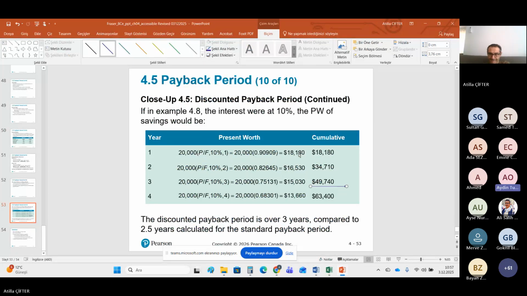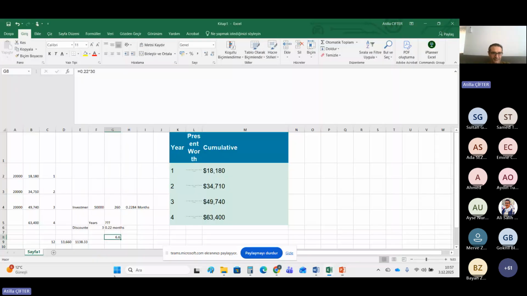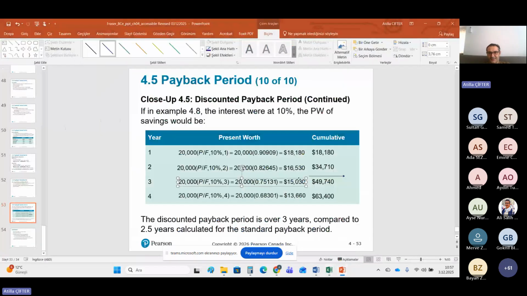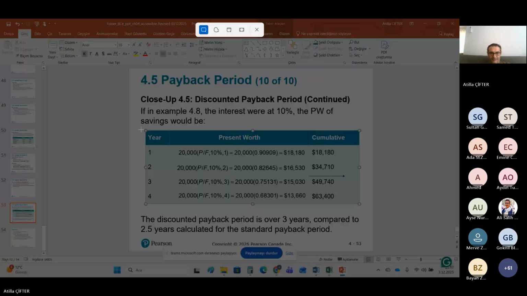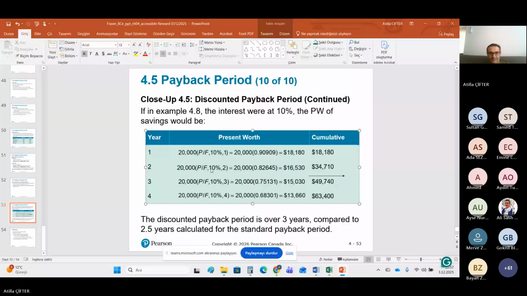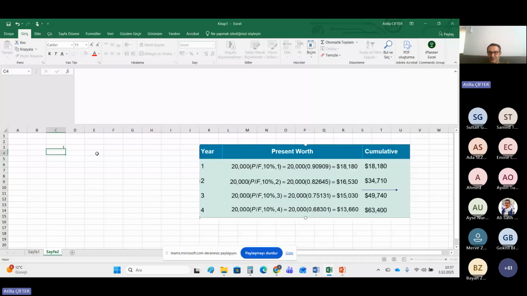Yes, hocam. If we invest, for example, $40,000, you can see in this case the first year, second year, third year: first year 18,180, second year 44,740, third year 49,740.